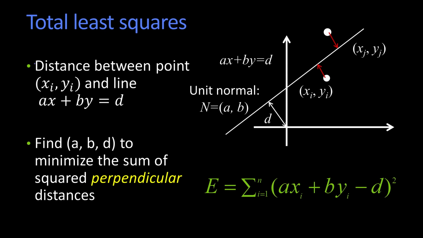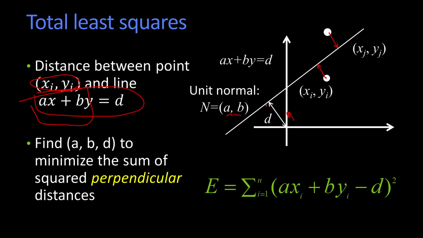So now what we want to do is minimize the distance between the point (x_i, y_i) and some line, ax + by = d, where a and b are this unit normal, right? So it's actually the unit normal in the direction towards the line. When you take the dot product of the point (x_i, y_i) and (a, b), that should equal d, which is the distance of the line from the origin.